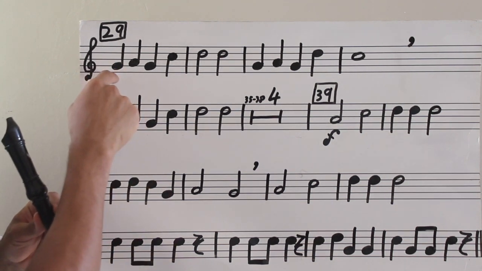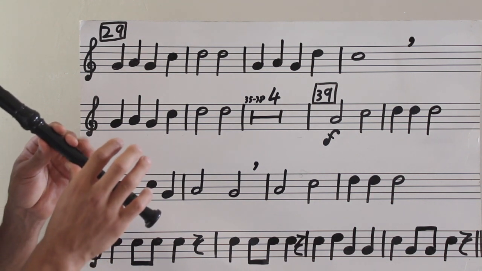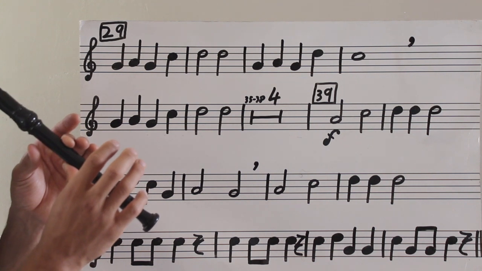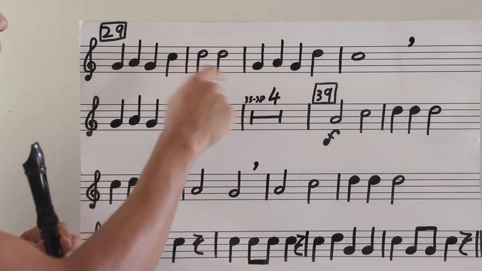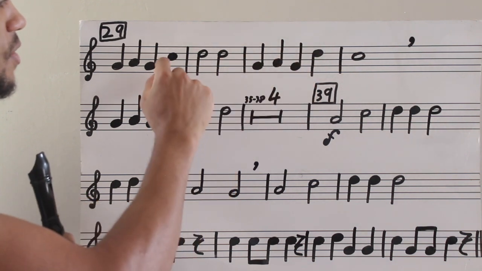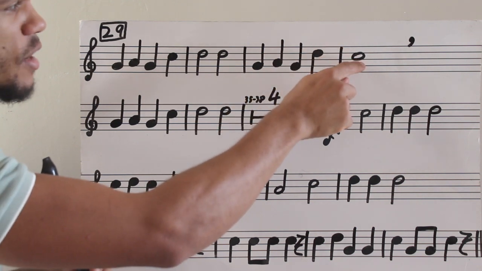Let's go from bar 29 up until bar 30. 3, go. Let's go bar 31. We have the exact same pattern, except this 3rd and 4th note is going to be a high D instead of a C. So G, A, G, D, and then we hold that C for 4 beats.